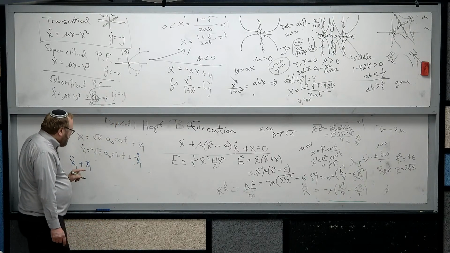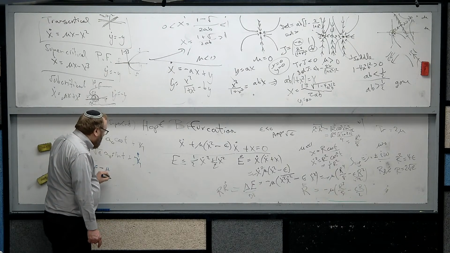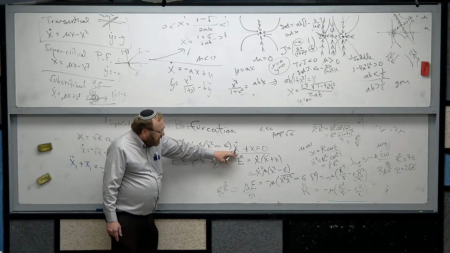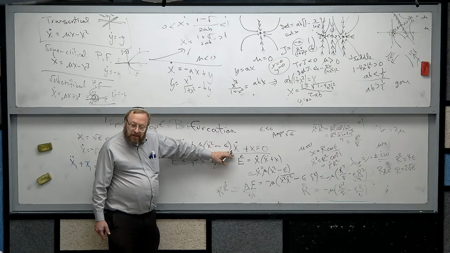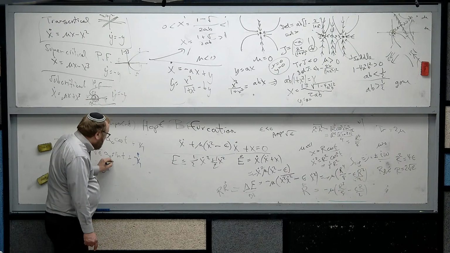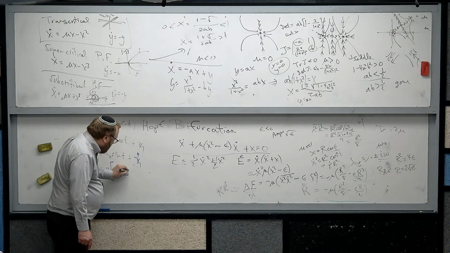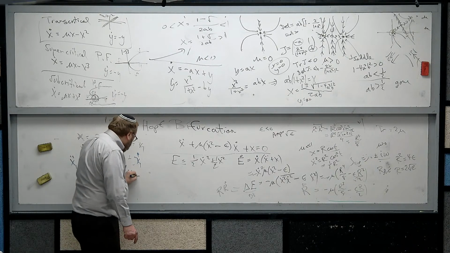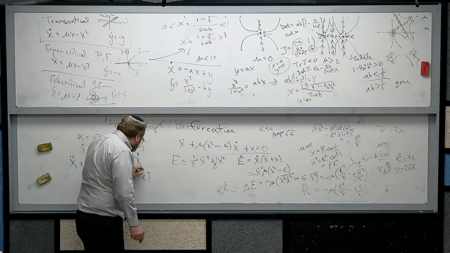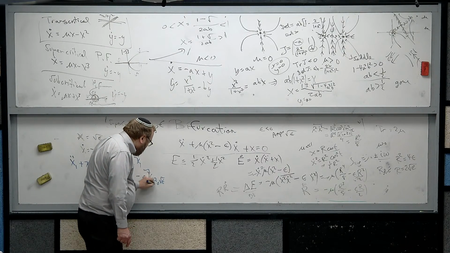So we have x1 double dot plus x1 equals minus mu times, now we can use the fact that x here is x naught, because we're doing perturbation theory, and therefore this is a naught squared cosine squared t minus epsilon. This has an epsilon here, minus epsilon times x dot, which is a naught square root of epsilon minus sine t.